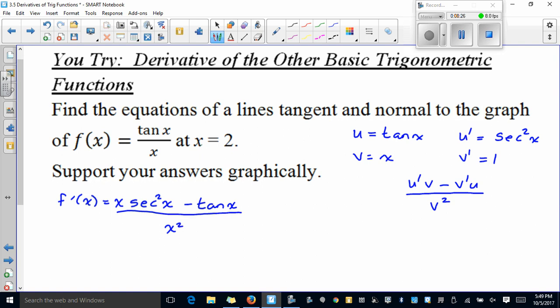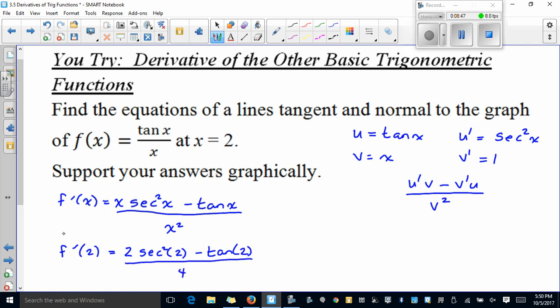And we need f prime of 2. So that's going to give us 2 secant squared of 2 minus tangent at 2 all over 4.